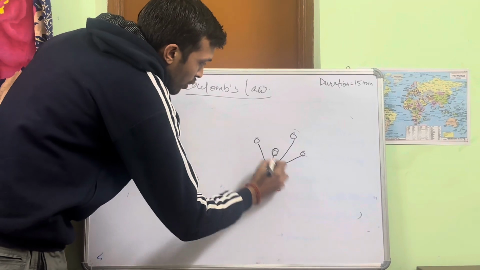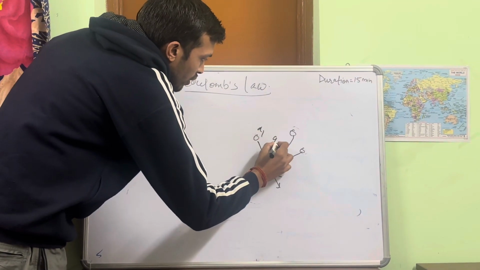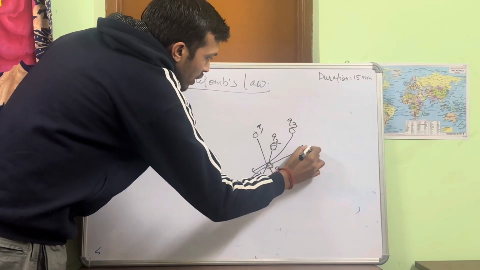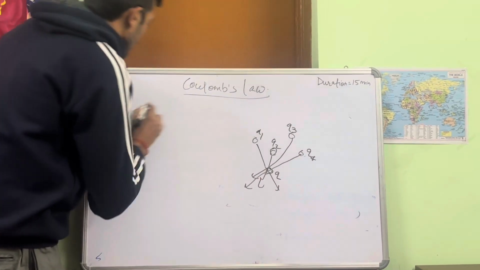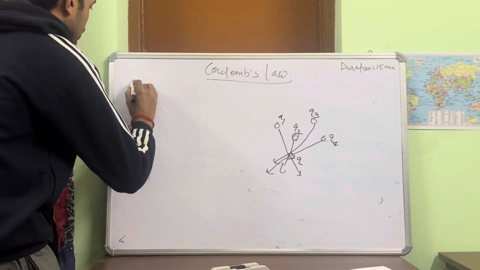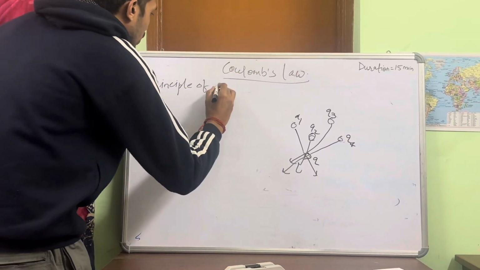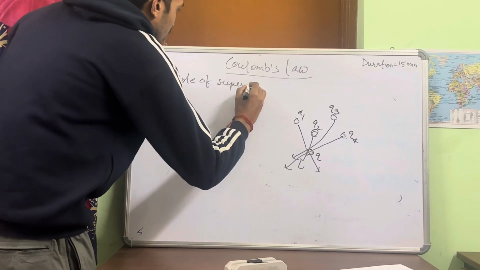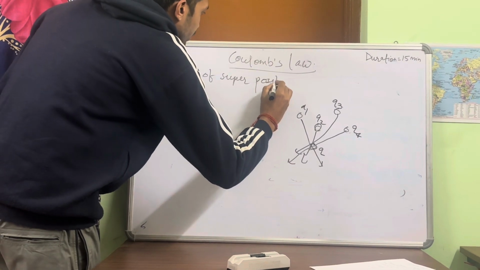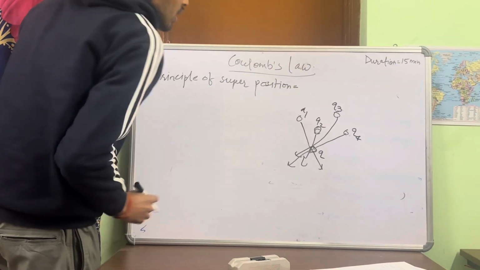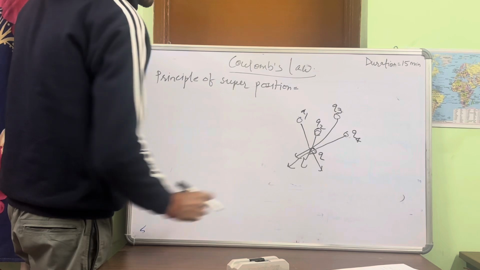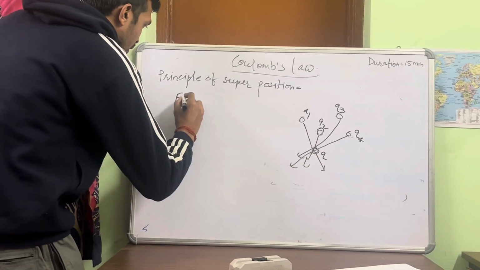Let's suppose this is Q and these are Q1, Q2, Q3 and Q4. So, the principle of superposition. Let's suppose the total force on this charge is F.